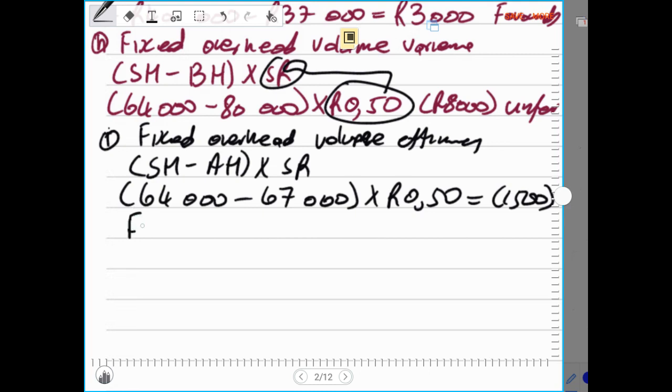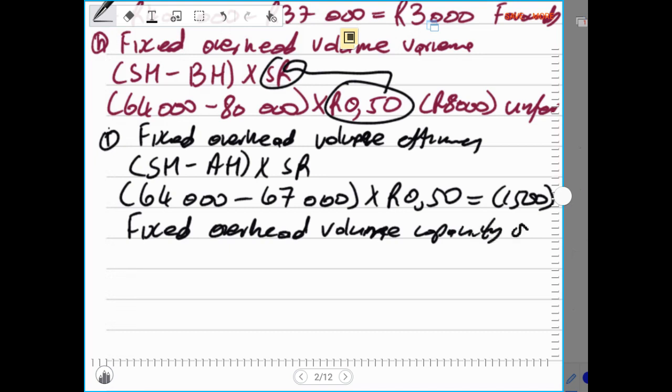Fixed overhead volume capacity variance.